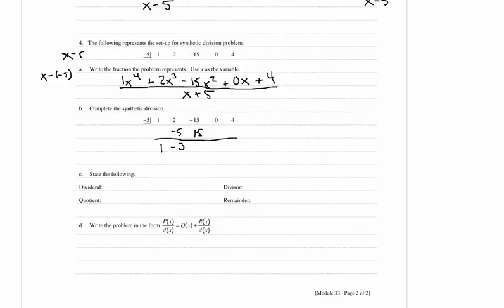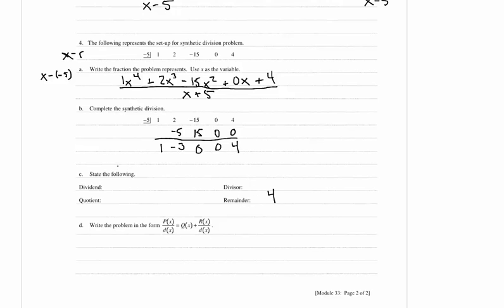Negative 15 plus 15 is 0. Negative 5 times 0 is 0. 0 plus 0 is 0. And negative 5 times 0 is 0. 4 plus 0 is 4. So we have a remainder of 4.